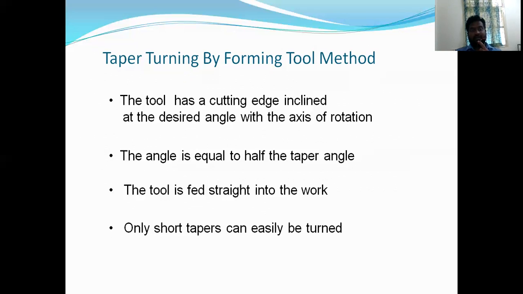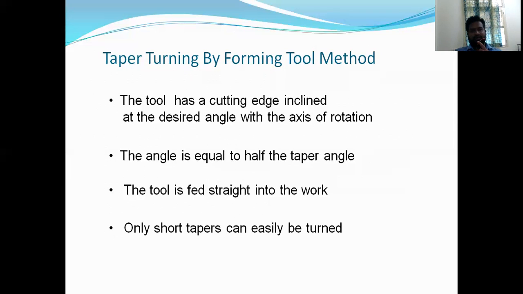Why do we keep saying half the taper angle? In earlier classes we discussed depth of cut. If we want to remove 2 mm of material, how much depth of cut do we give? Only 1 mm, because the workpiece is rotating in the chuck.